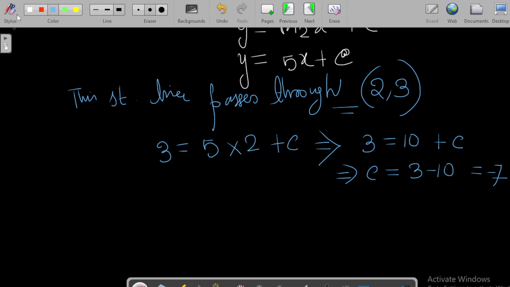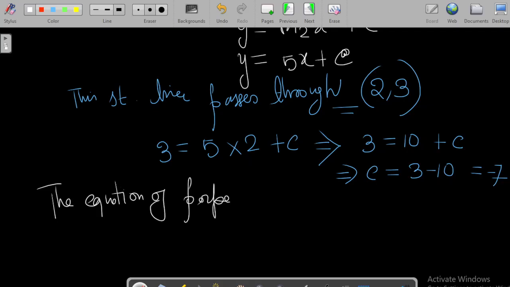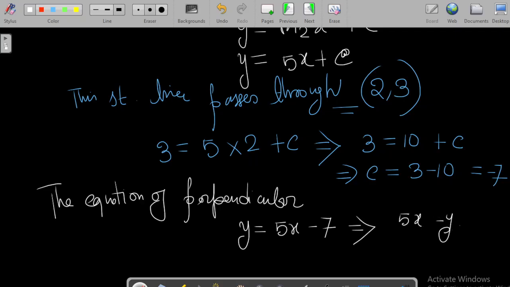So the equation of the perpendicular, which is the required answer, is y equals m2x, which is 5x minus 7, or we can simplify it like this: 5x minus y minus 7 equals 0, which is our answer to this question.